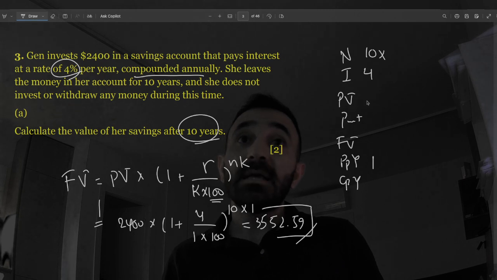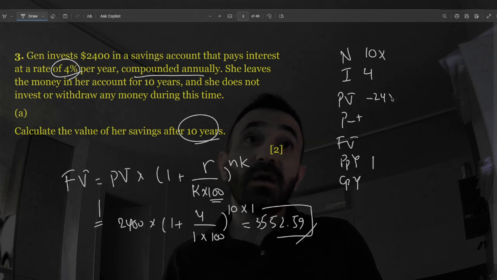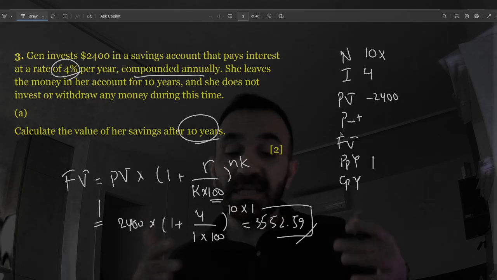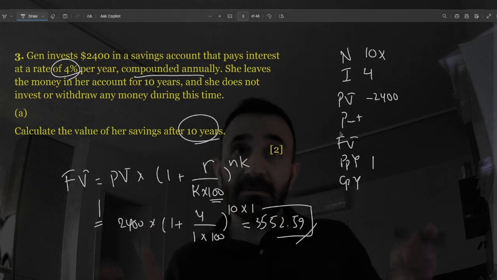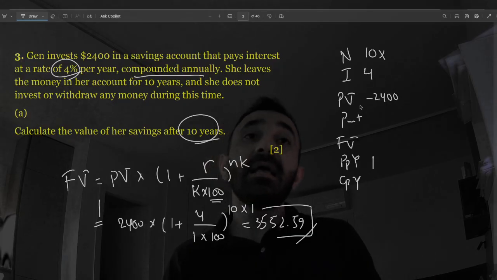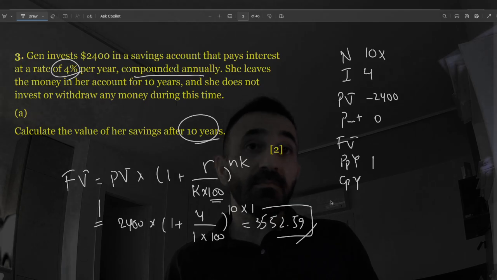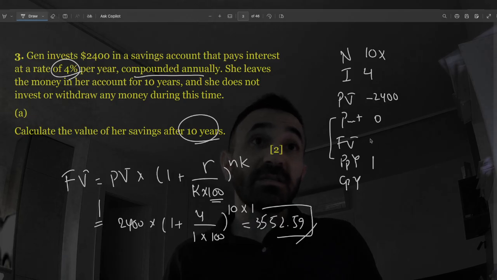PV is the present value, which is minus 2,400, because you're giving money to the bank. PMT, here you don't have a regular payment, so PMT is going to be 0. Future value is what I want to find. CPY is compounded annually, so CPY is 1.